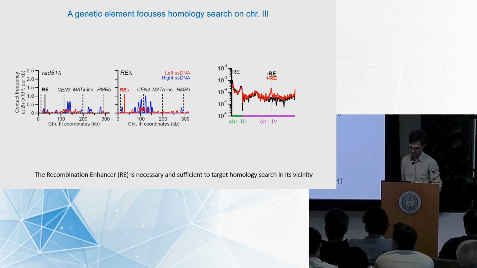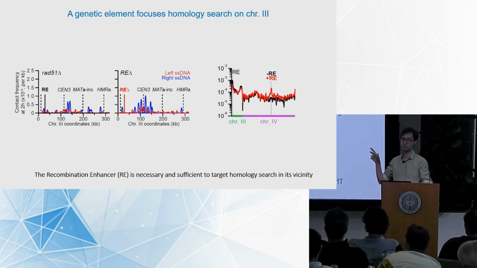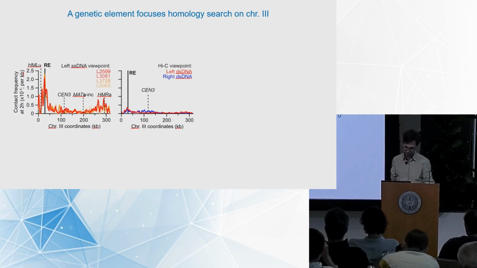The recombination enhancer is one very clear example, but I think it's interesting that it's mediated by this function, and from the literature we know this is due to a pioneer transcription factor called FKH1, and FKH1 binds throughout the genome. So it actually might be an extreme case of something that is going on in chromatin, where homology search is helped by a certain factor that might help to recruit the filament.